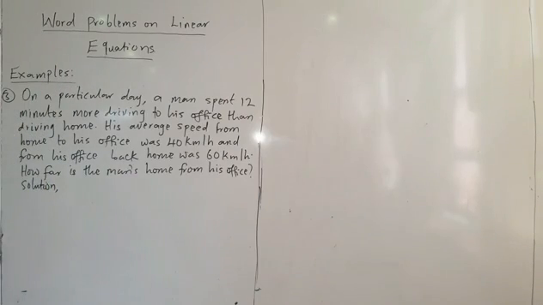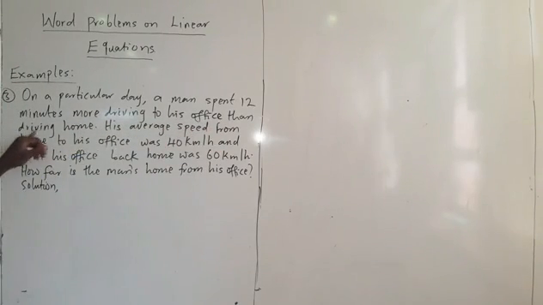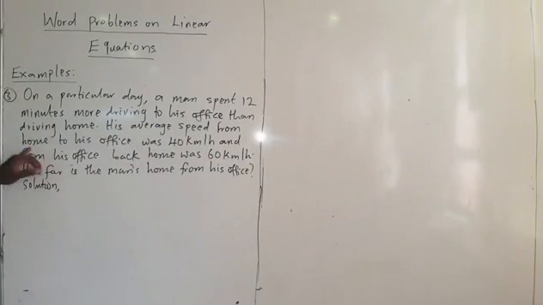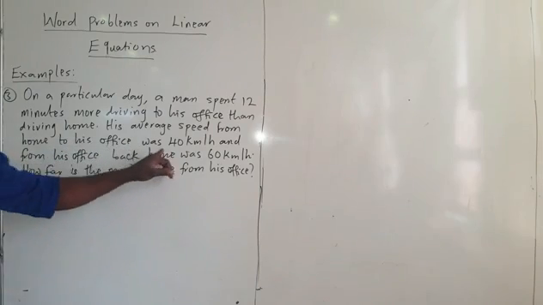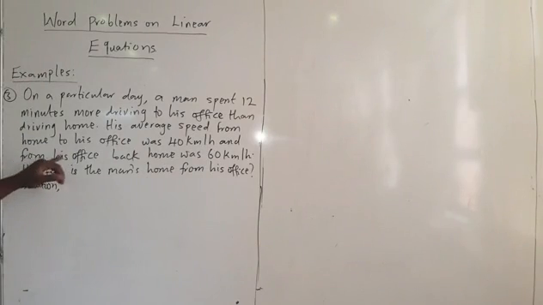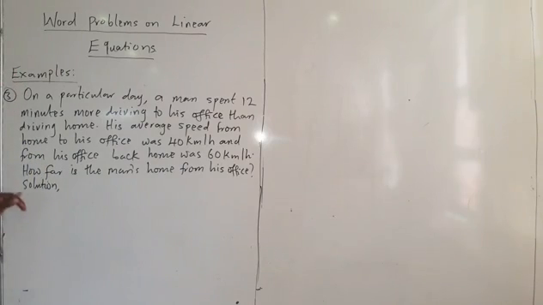Question number 3. The question says, on a particular day, a man spent 12 minutes more driving to his office than driving home. His average speed from home to his office was 40 kilometers per hour, and from his office back home was 60 kilometers per hour.